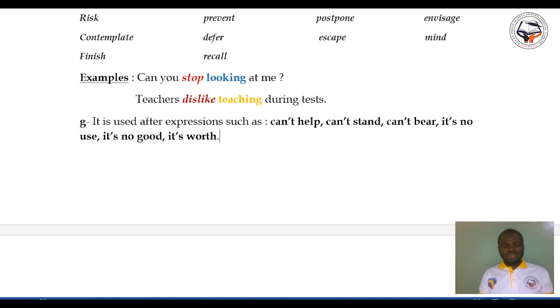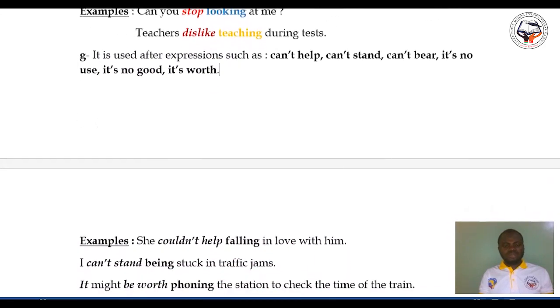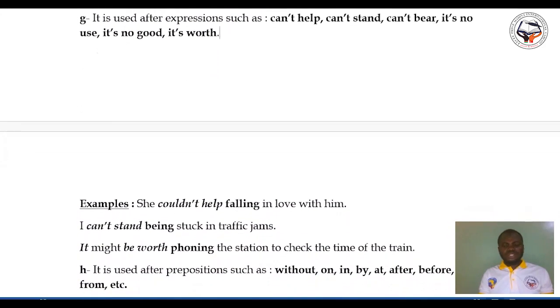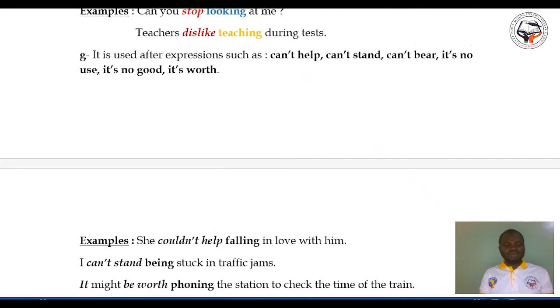Okay, so after all these expressions, we must use the gerund. Example, she couldn't help falling in love with me.